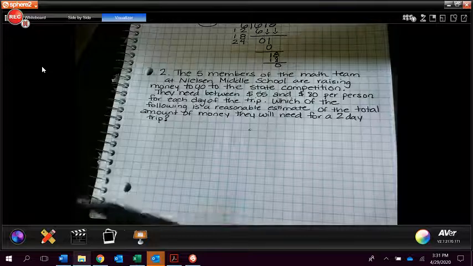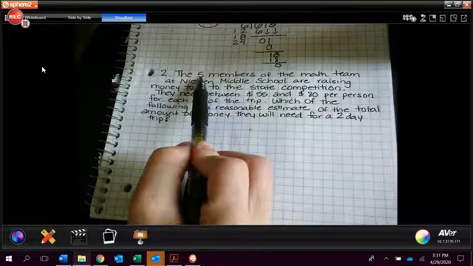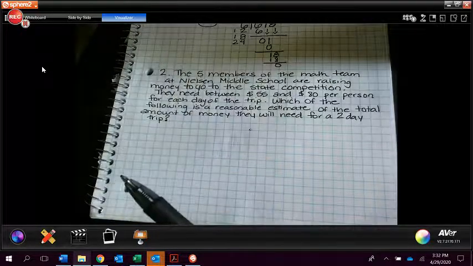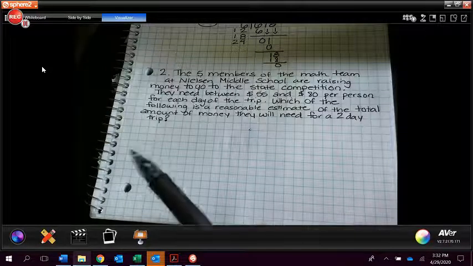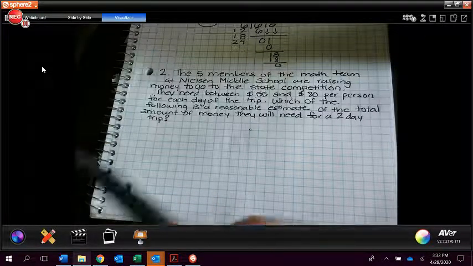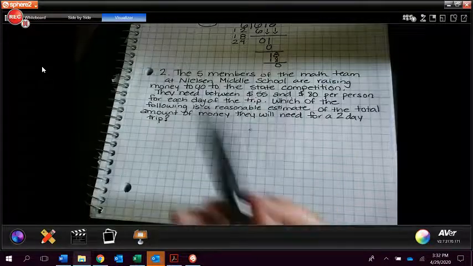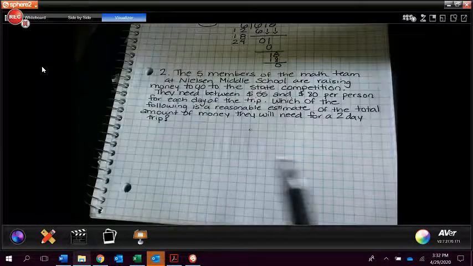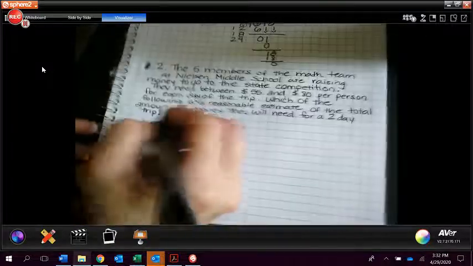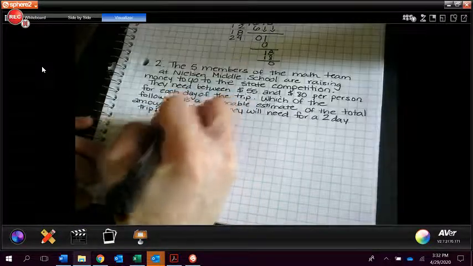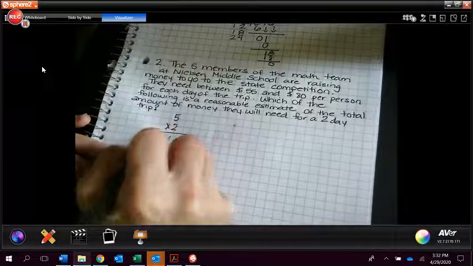So what we're going to do first is, there's 5 members in 1 day. Those 5 members are also going to need the same for their second day. So I can either add 5 plus 5 because it's the same members, or I can multiply 5 times 2. So I'm going to multiply 5 times 2, and that's going to give me 10.